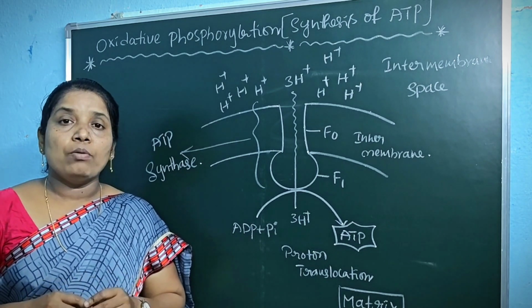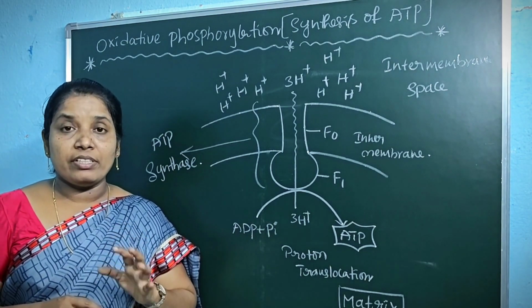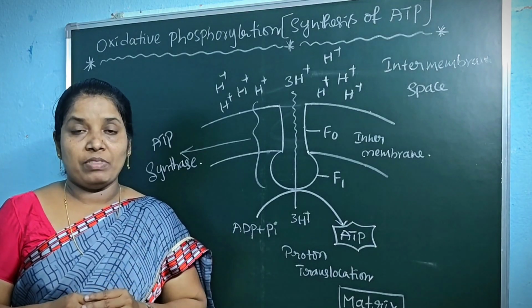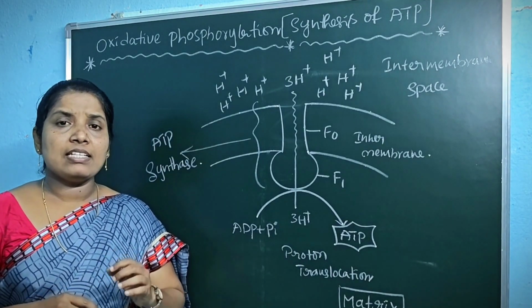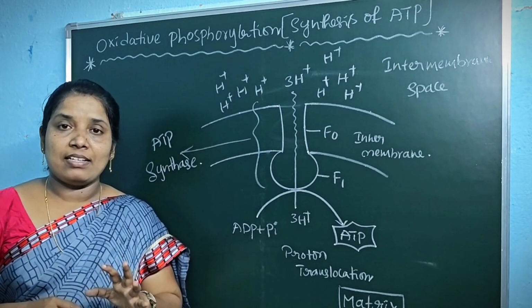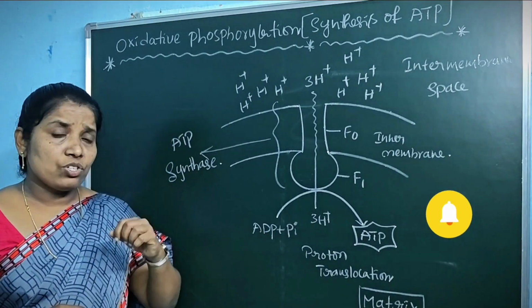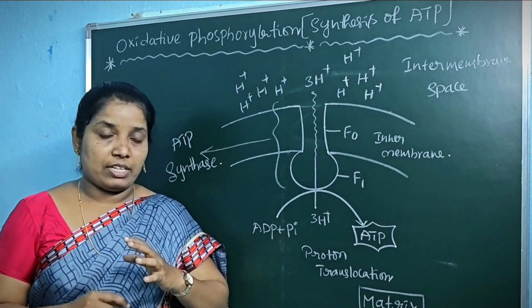So a greater number of protons accumulate in the intermembrane space, whereas fewer protons are present in the matrix side. This establishes a proton concentration difference.